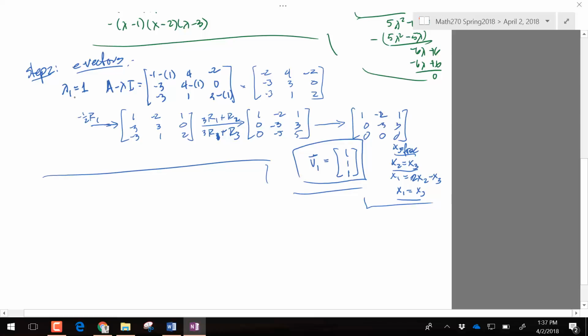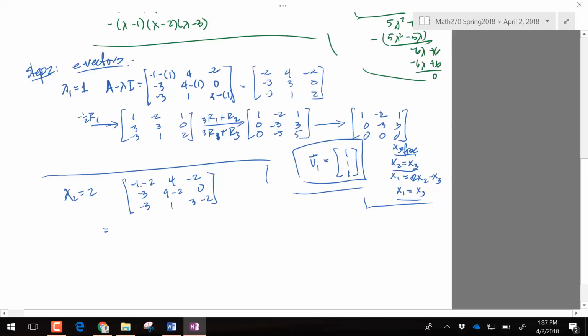All right, so we'll check the second eigenvalue. Our matrix is going to be -1, -2, 4, -2, -3, 4, -2, 0, -3, 1, and then 3, -2.